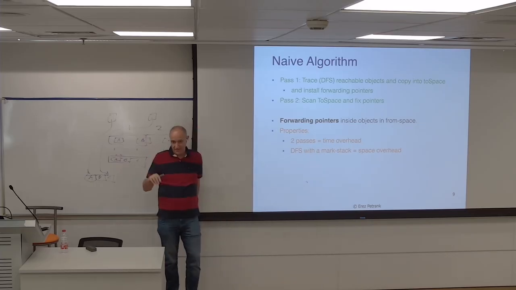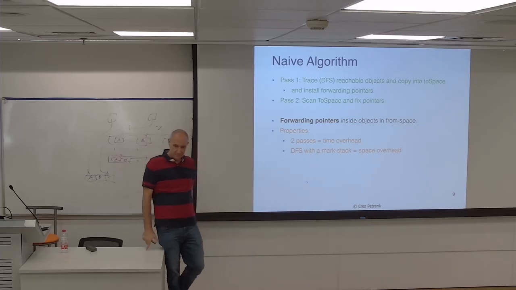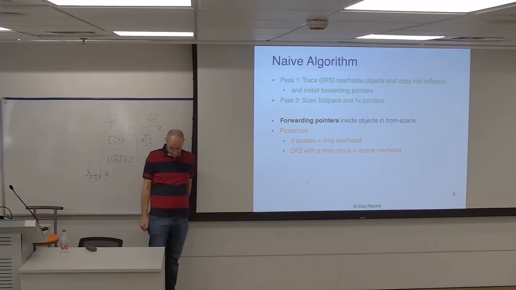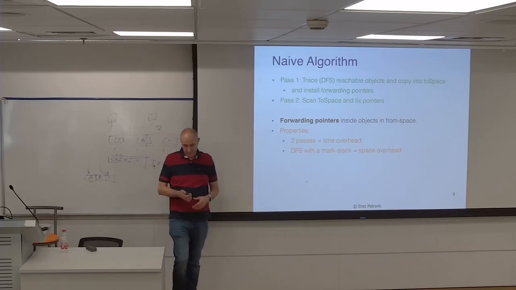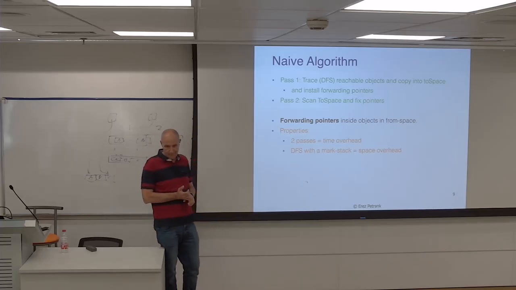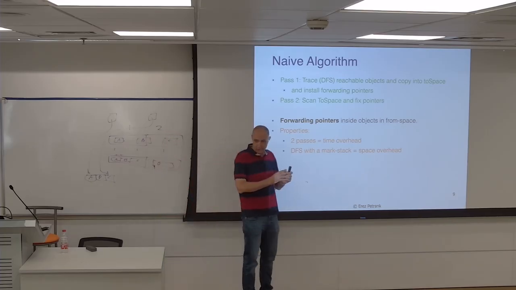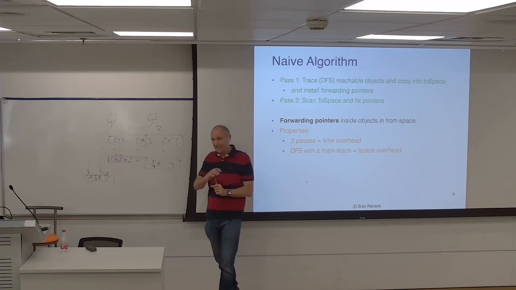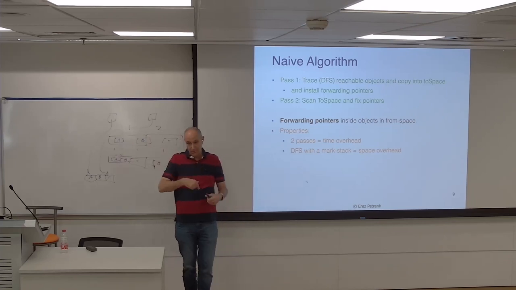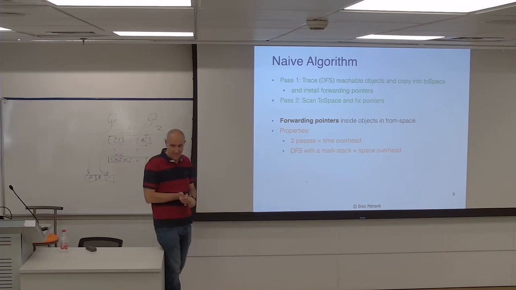That's clear. So during the first pass, we install the forwarding pointers there, right? Yeah, copy, install forwarding pointers. Then we can not do anything with them, and everything should still work, right? You're saying let the program work without fixing the pointers, and the program should know about it when it works.